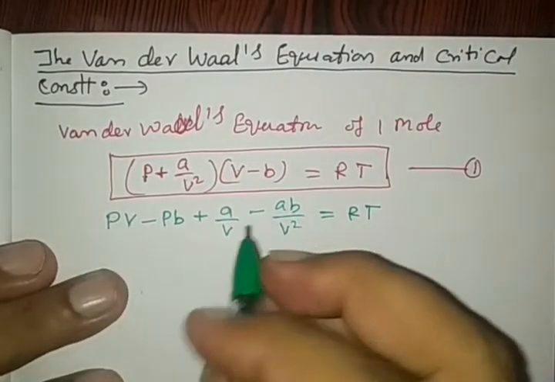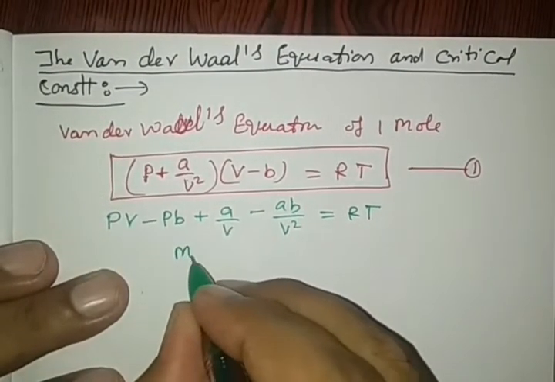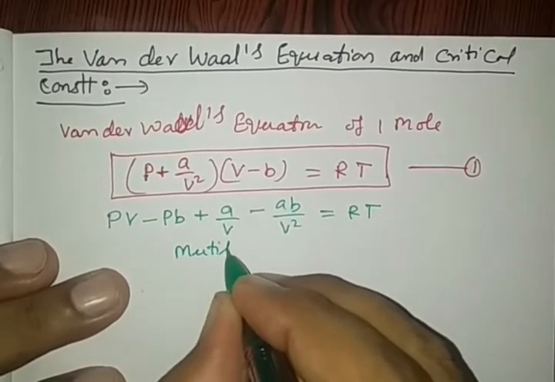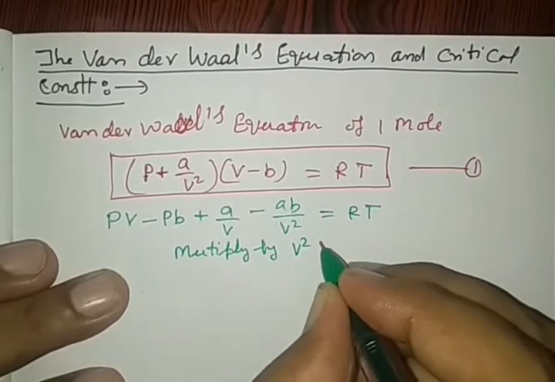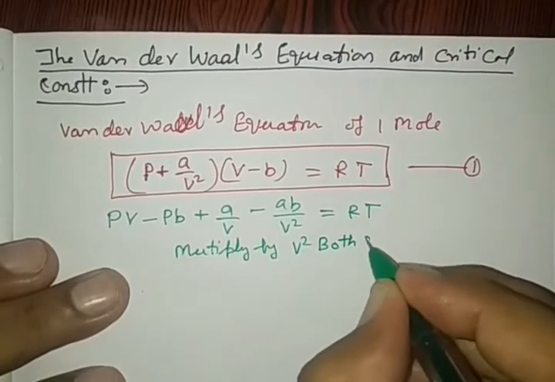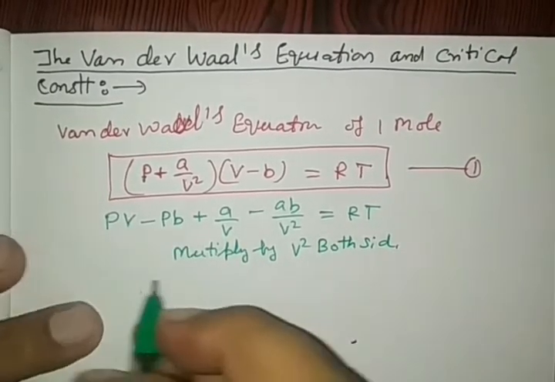Here in this equation we are going to multiply both sides by V². Let's see what happened.